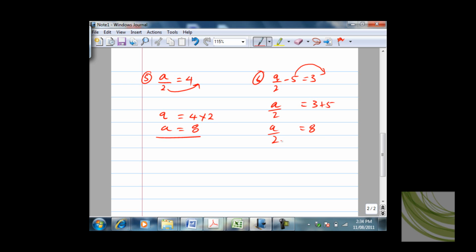Now I need to get rid of the 2 and take it to the right hand side, so that A is the only thing left on the left hand side. And when that happens, because 2 is divided on the left hand side, when it swaps sides, the sign is also swapped and it becomes a multiplication. So the answer we get is 16. The value of A is 16.